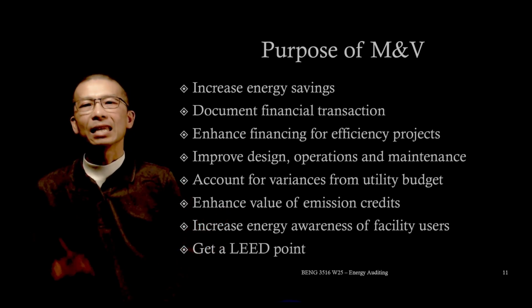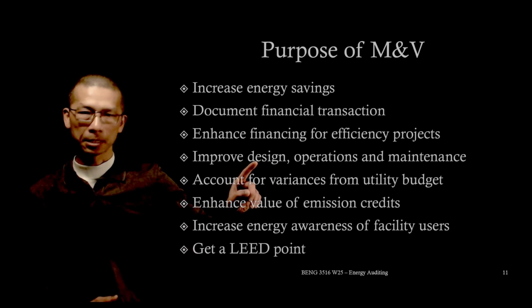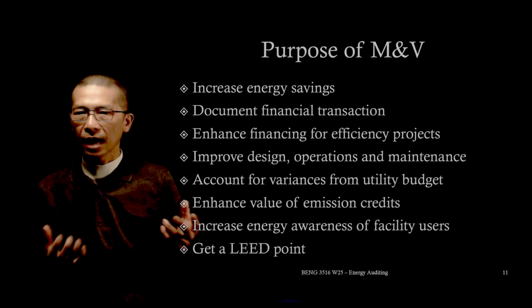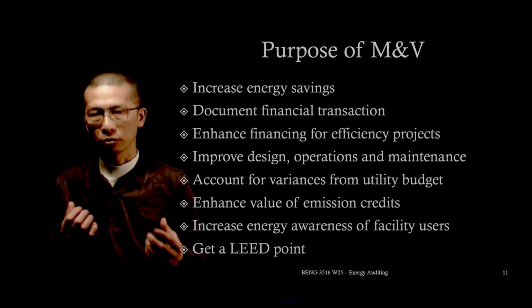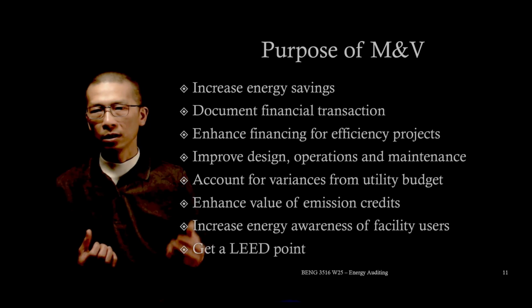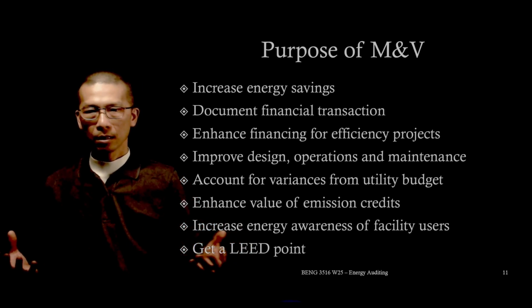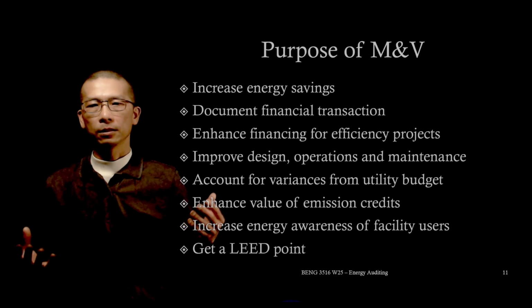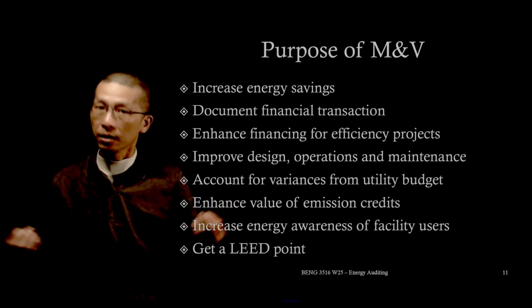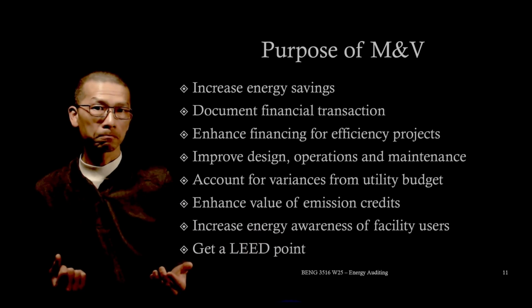Then, improve design, operation, and maintenance. MMV can highlight issues like overventilation in HVAC systems or lighting controls not functioning properly. It helps optimize future designs and ensures ongoing operational efficiency.